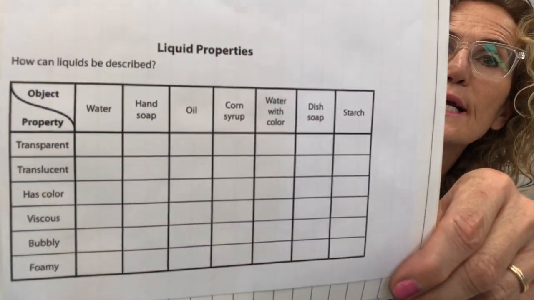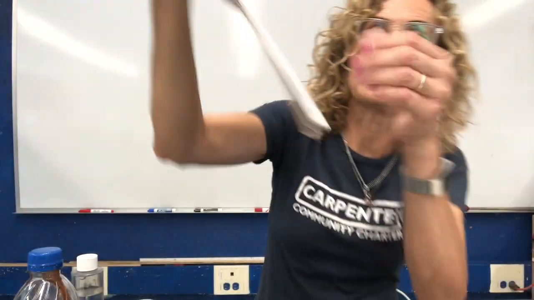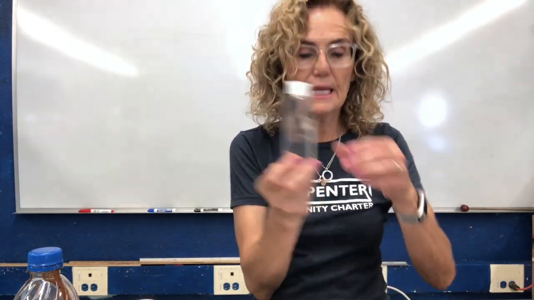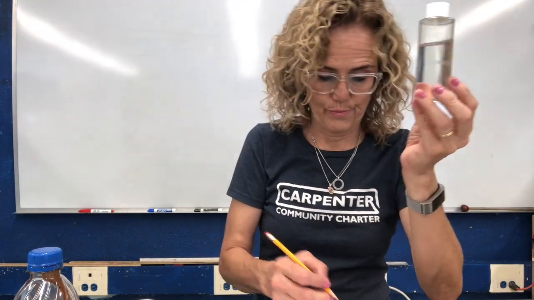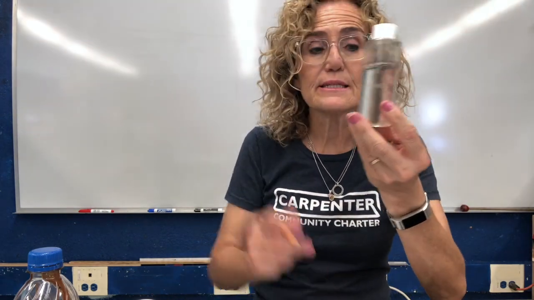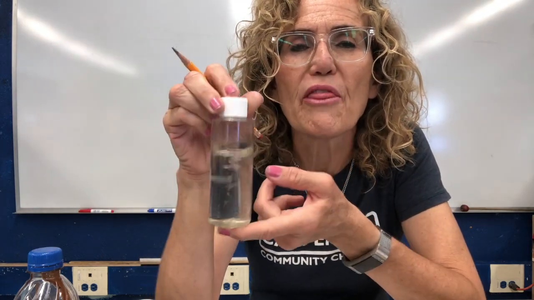Now, boys and girls, I want you to get this page that we glued into your science notebook, liquid properties. And we're going to go through it together, okay? So I'm going to start with one. This is water, and is the water transparent? Yes. Is it translucent? No, it's transparent. Does it have color? No. Is it viscous? Viscous means that it's very slow and thick.